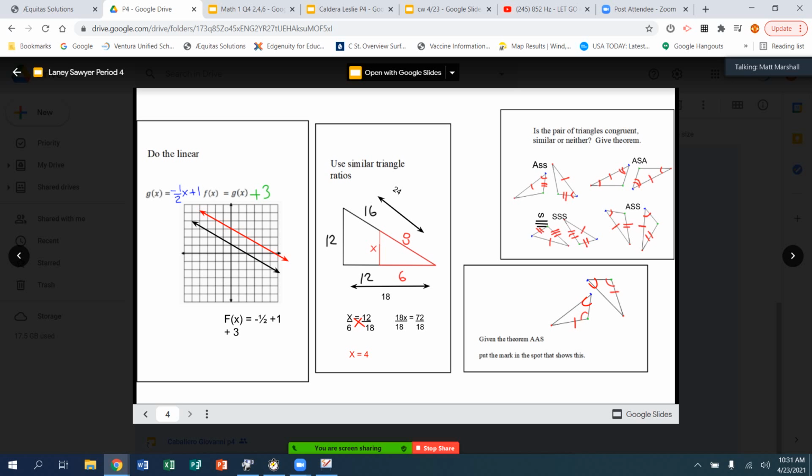Okay. And it looks like that first one you labeled ASS, top left, but that's really SAS. You got to watch out for that one. Yeah, that one has an angle between two sides. You're doing good, though. Your work looks good. Good job, Lainey. That's full credit.